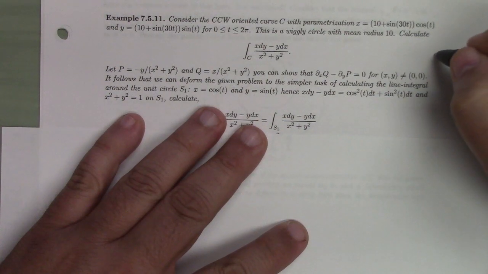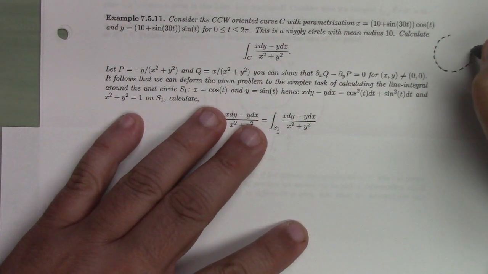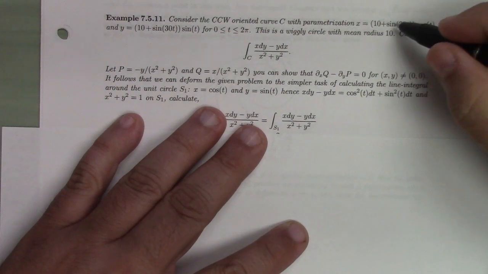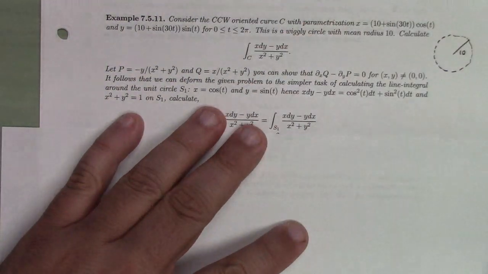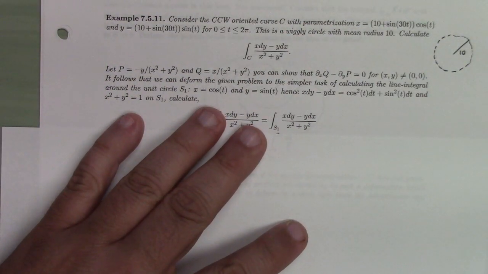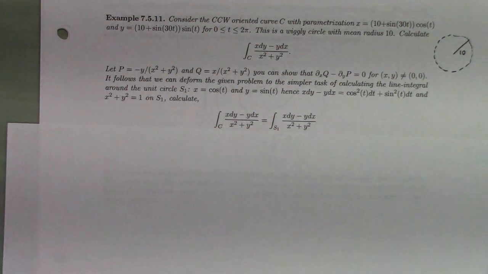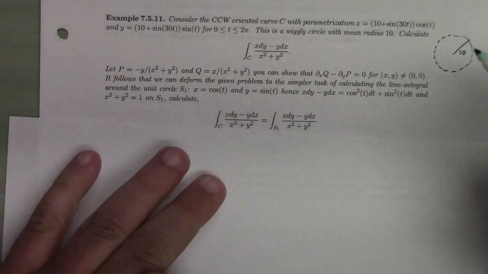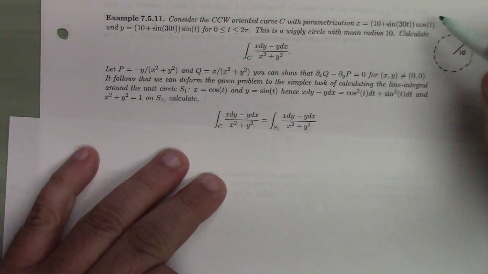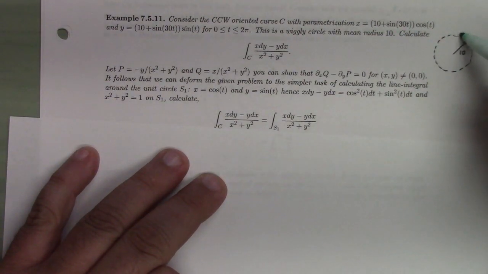The circle maybe is something like this, and that would be radius 10. But what I'm doing is adding sine on both of them, and the effect of that is it makes the radius go basically between 9 and 11.